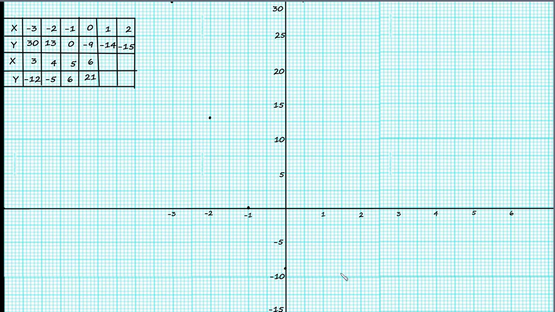Our 1 is minus 14. Our 2 is minus 15. Our 3 is minus 12. If this is 10, this will be 11, and this will be 12.